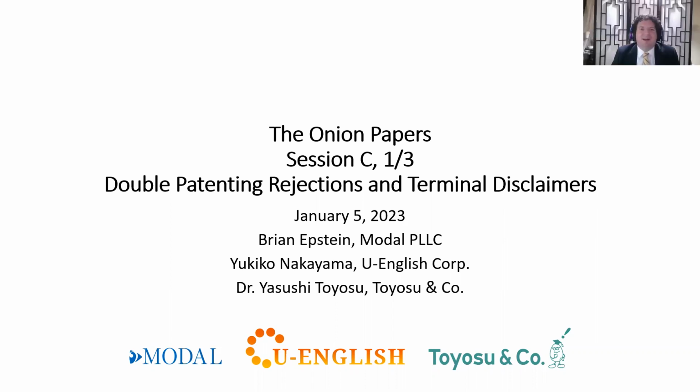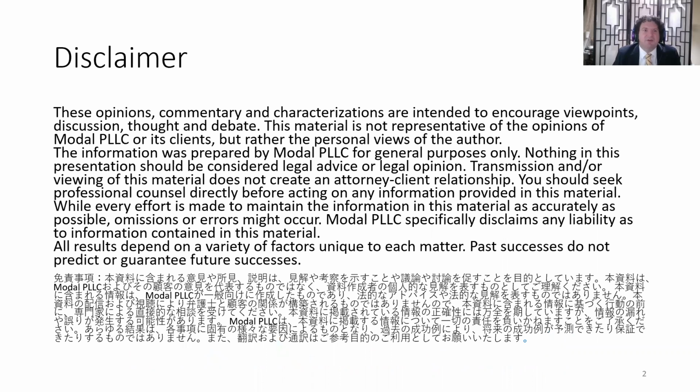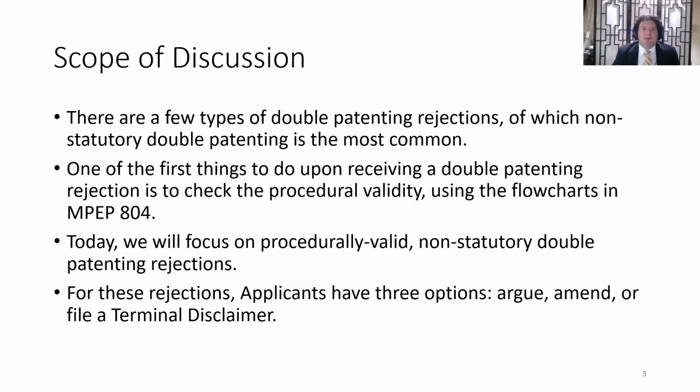Arigato. Today we will begin by discussing double patenting rejections and terminal disclaimers. So there's a lot to discuss potentially, and let's begin by defining the scope of our discussion. There are a few types of double patenting rejections, of which non-statutory double patenting is the most common.